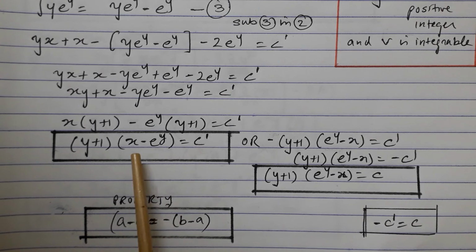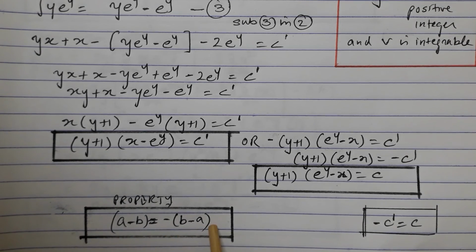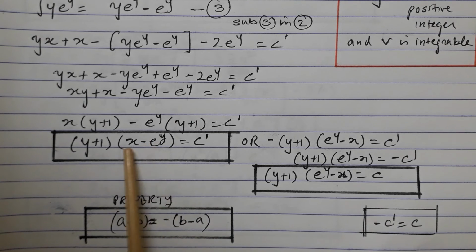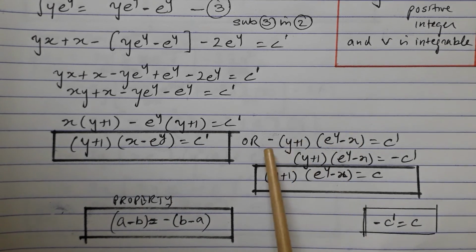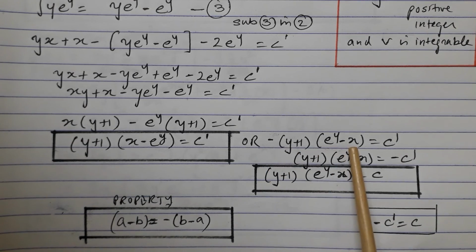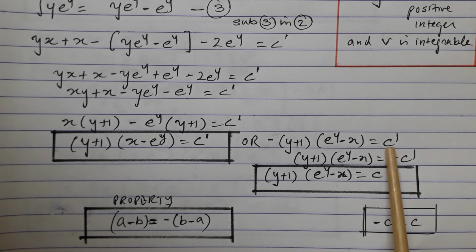And now we can rewrite this, because there is a property of subtraction: a minus b is equal to minus b minus a. So we can reverse these terms: e raised to y minus x with the minus outside. So it is minus y plus 1 into e raised to y minus x is equal to c dash.